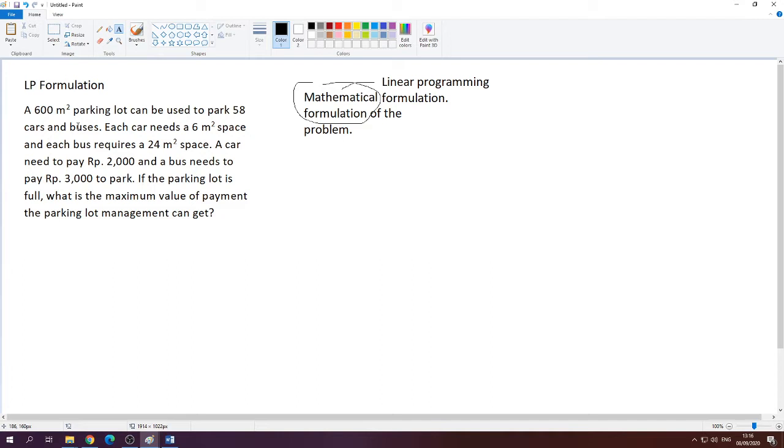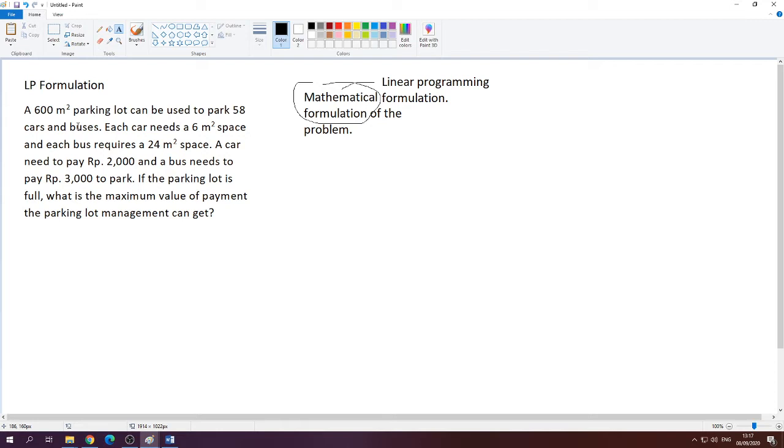And then each car needs a 6 meter square space, and each bus requires a 24 meter square space. And then a car needs to pay 2,000 rupiah, and a bus needs to pay 3,000 rupiah. Now, if the parking lot is full, what is the maximum value of payment the parking lot management can get?